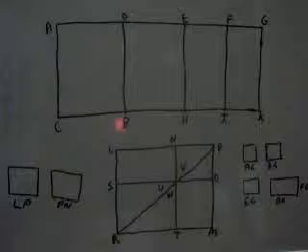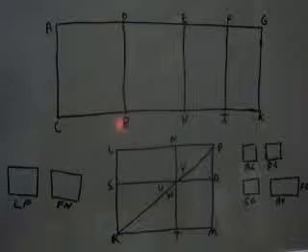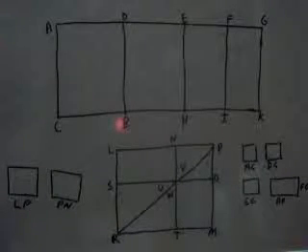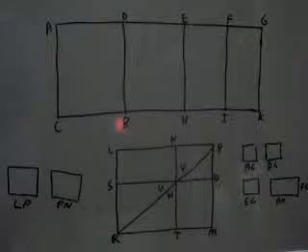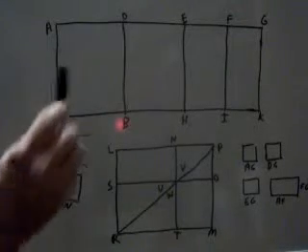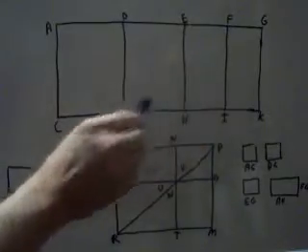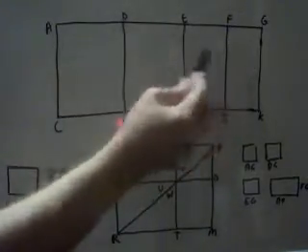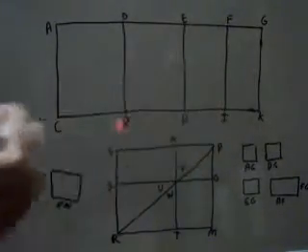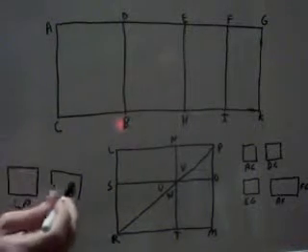So now what they're saying is that the area of AI, which is this plus this plus this, if you add this area to all three of these, you'll get the same amount of area as this plus this.